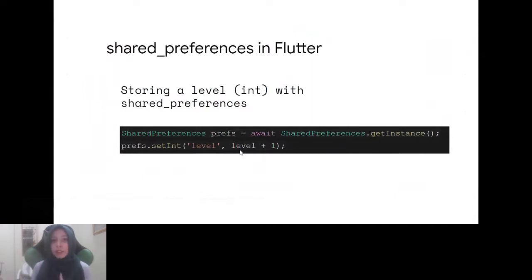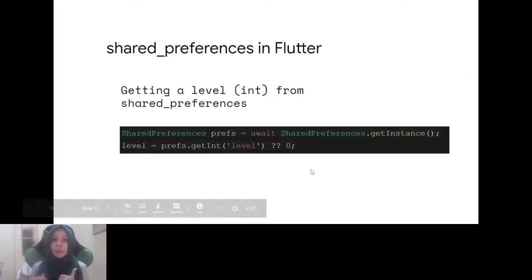Now, you have stored it. Now you want to retrieve it for displaying purposes or any other purposes. Again, if you're doing that in a separate file, in a separate screen, then you would have to initialize your shared preferences again. Yes.